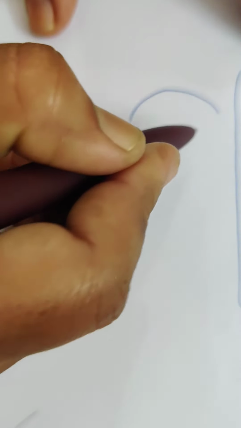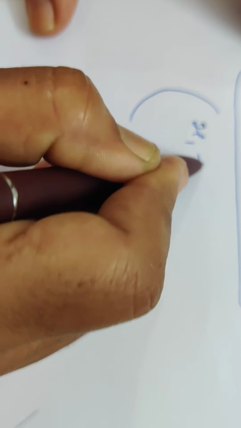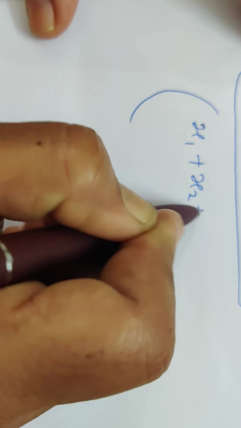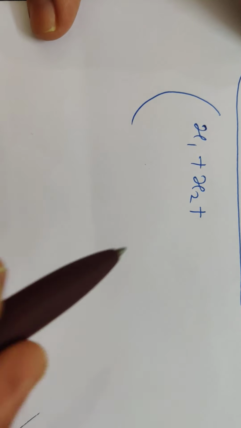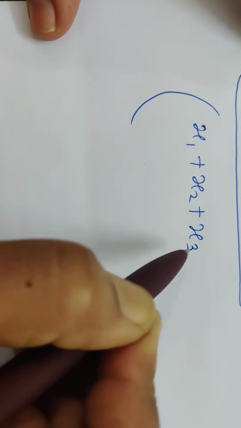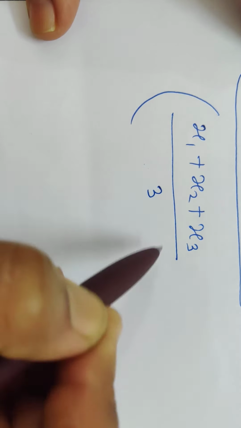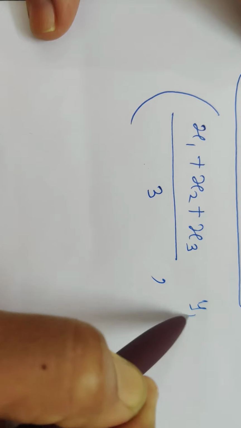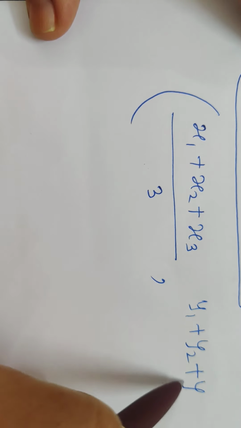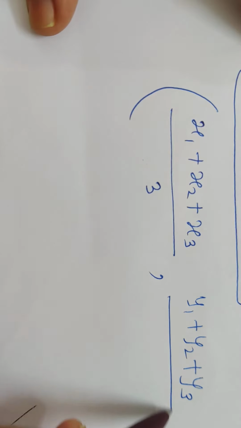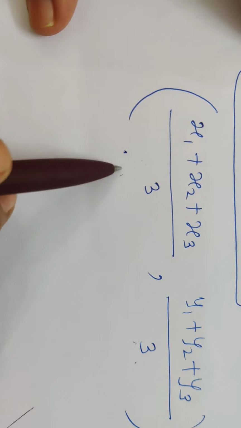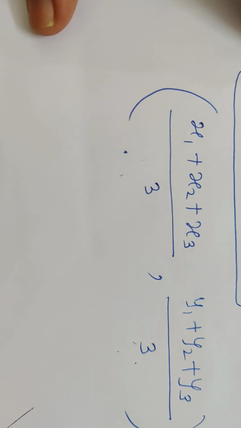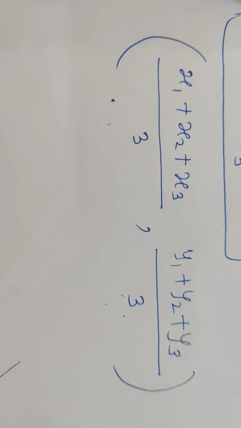In the bracket the first coordinate is of x, so x1 plus x2 plus x3 upon 3, comma, y1 plus y2 plus y3 upon 3. This way simultaneously you will get the x coordinate and y coordinate of the centroid.